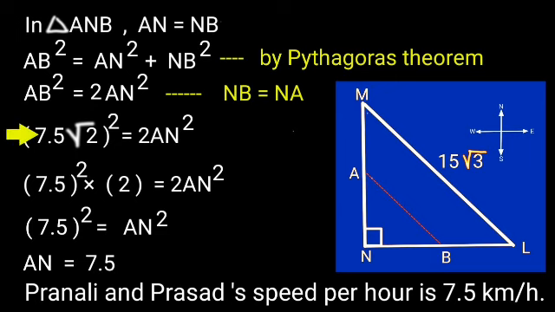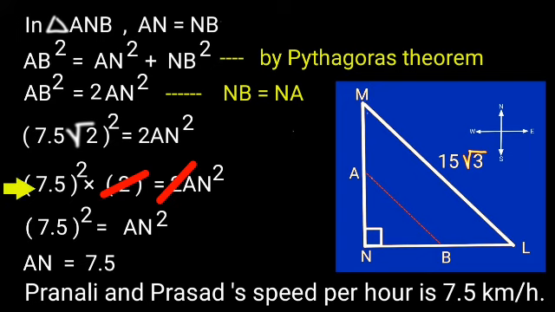Substituting the value of AB that we have already calculated, (7.5 root 2) square is equal to 2 AN square. 7.5 square into root 2 square, that is 2, equals 2 AN square. Hence 7.5 square is equal to AN square. 2 gets cancelled.